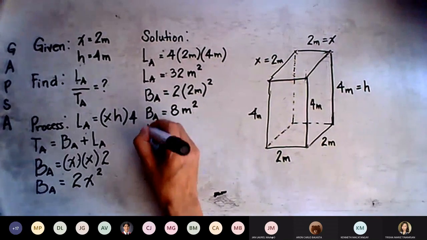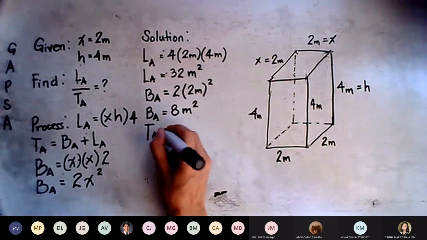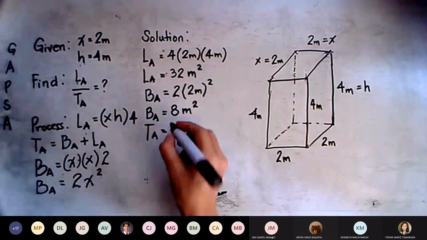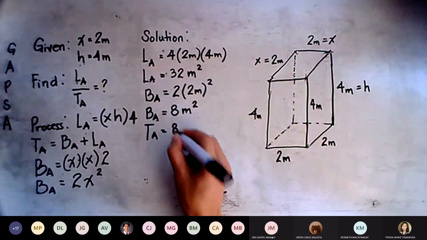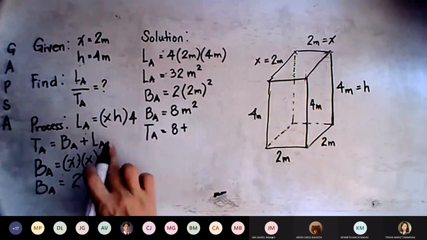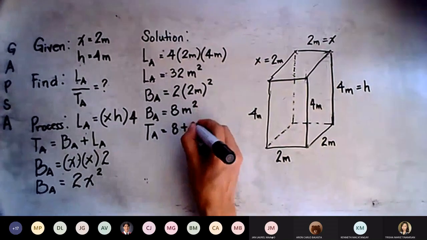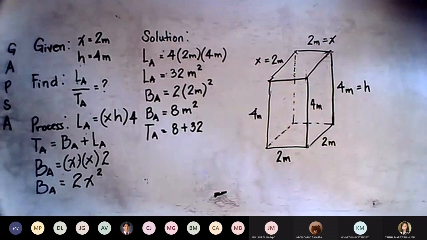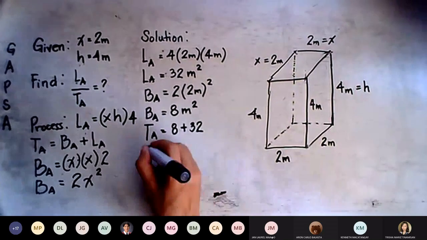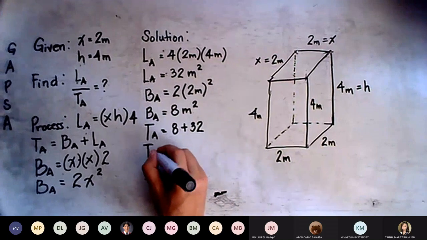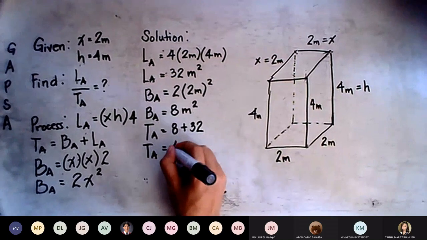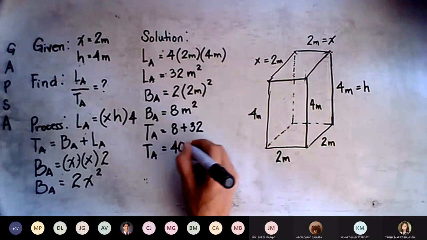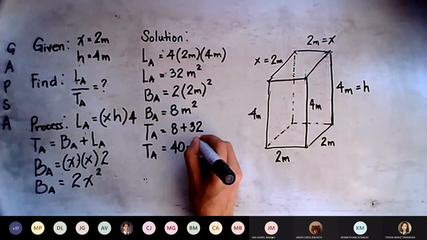Now, to determine the total area, you add the area of the bases, which is 8 square meters, plus the lateral area, which is 32 square meters. So the total area is 40 square meters.